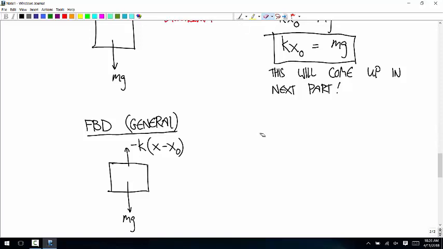And now Newton's second law, x component only. Negative k times the quantity x minus x sub 0, minus mg, is equal to ma.